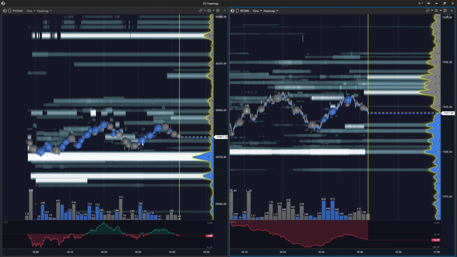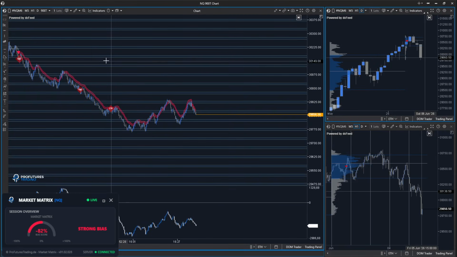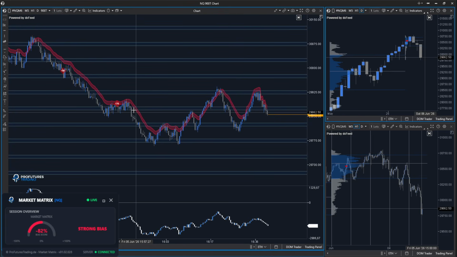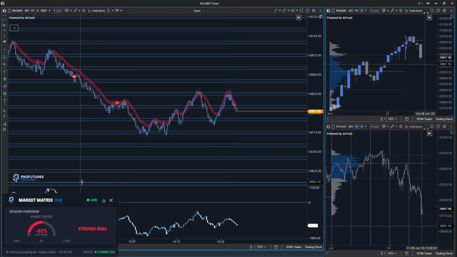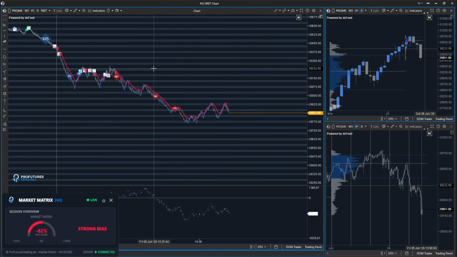So then we come to the NQ stack. You can see here I have an execution chart. This is the 900 tick chart, the big trades, and then I also have the market matrix, which shows me the bias of the day.